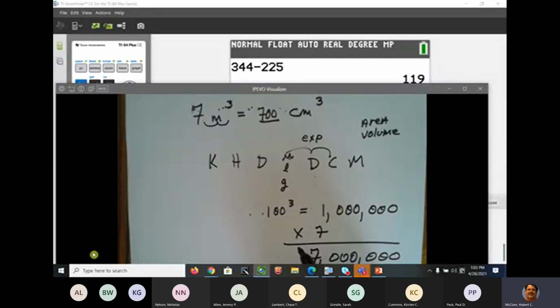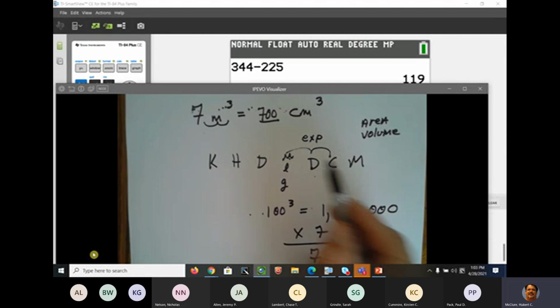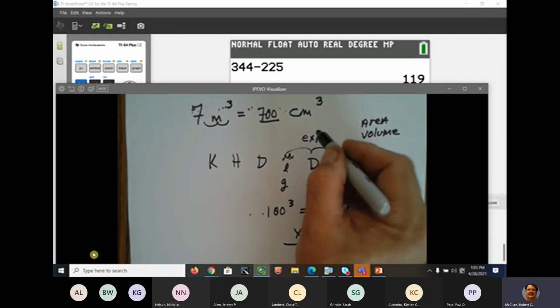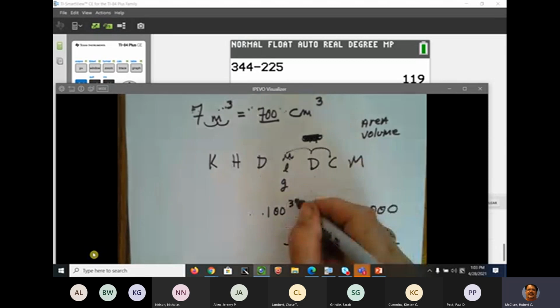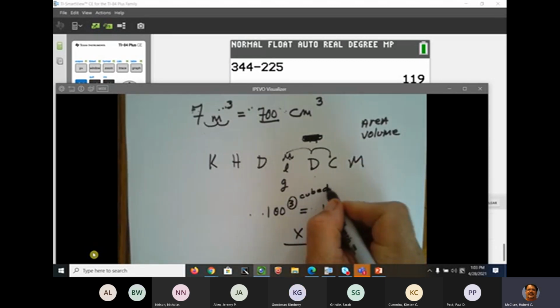Okay. That's not your exponent. Your exponent is cubed. There we go.